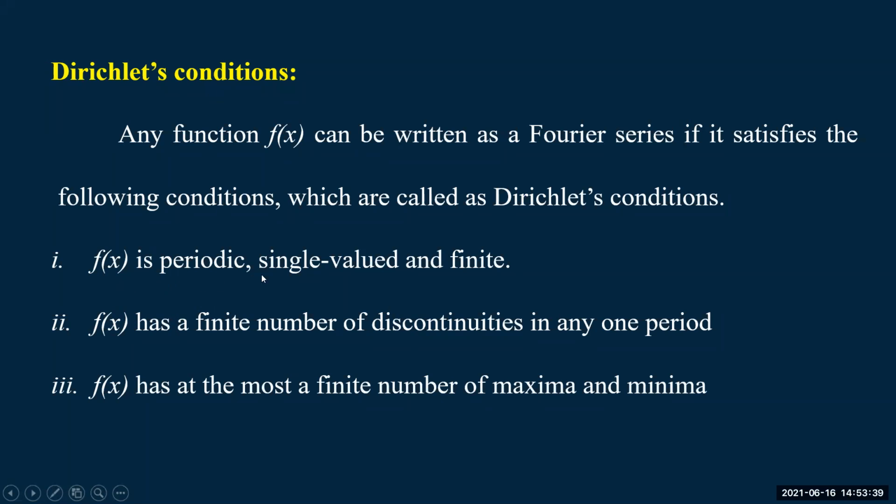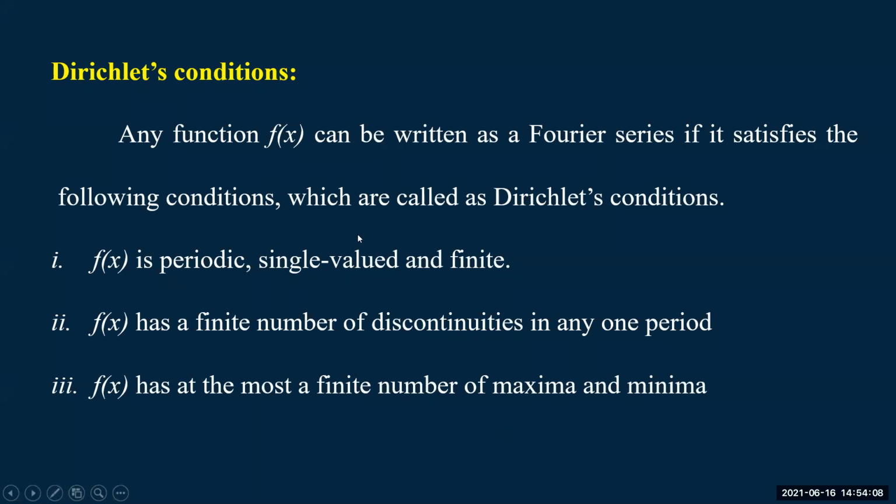When the function f of x is single valued and finite, even if it is periodic, we can write the series expansion. If the function f of x has a finite number of discontinuities in one period, or a finite number of maxima and minima, then in such cases we can write the Fourier series expansion.